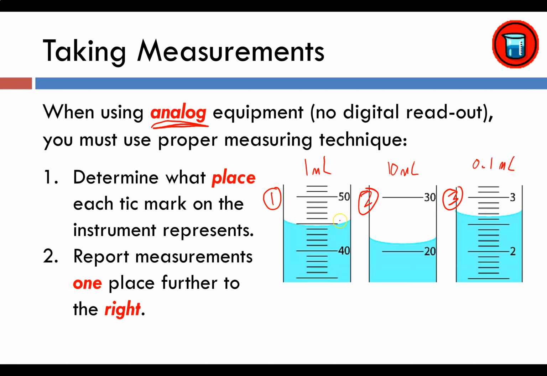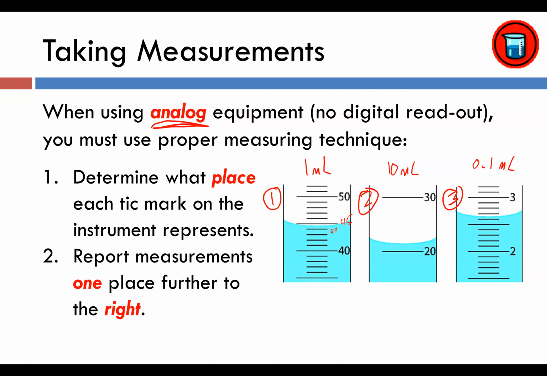All right, so I can pretty confidently say that the liquid level, I guess I don't know that this is water, is somewhere between 44 and 45 milliliters. I need to estimate one place further, so I know it to the ones place and I'm going to estimate the tenths place. Since it's an estimation, it is uncertain. The last digit in a measurement is always uncertain. And what I see and what you see might not be the same.